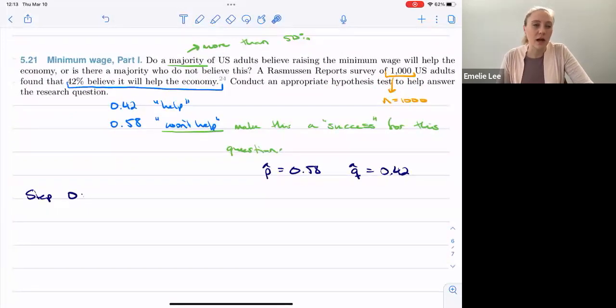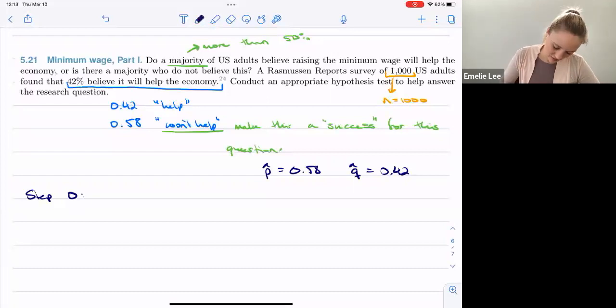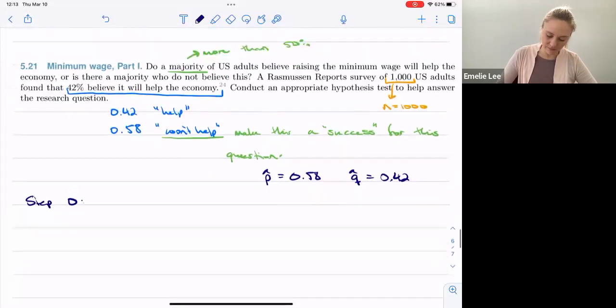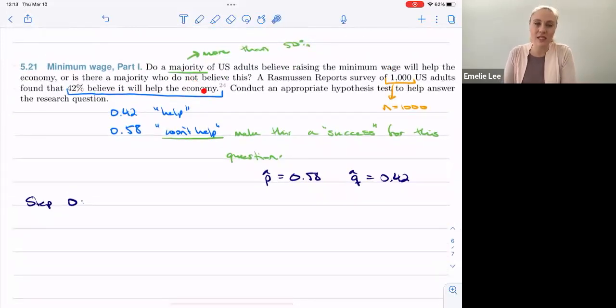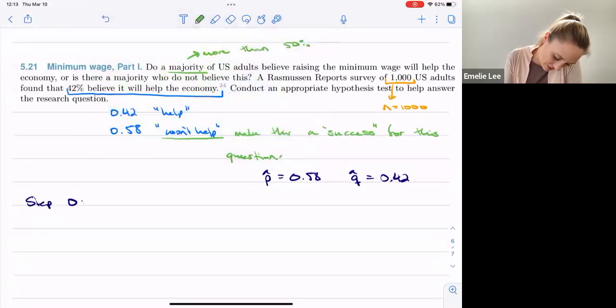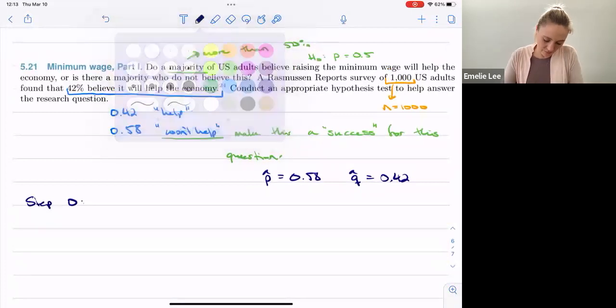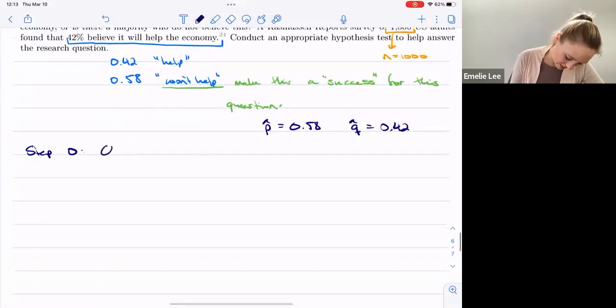And so I can check the conditions, which will mean that I'm going to need to have some idea of what my null value is. So this means that my null hypothesis is that p is equal to 0.5, right? So 0.5 is my null value. So step 0, check the conditions.